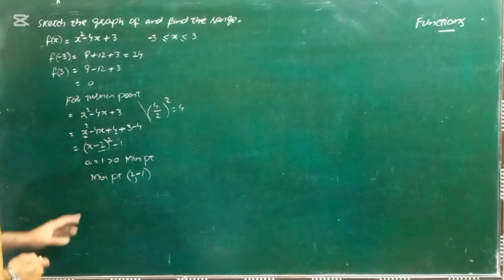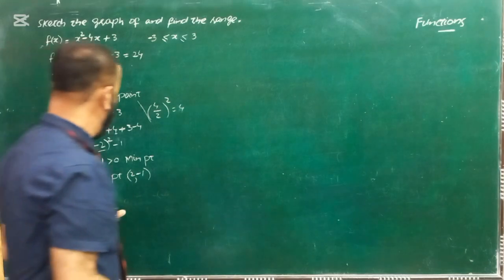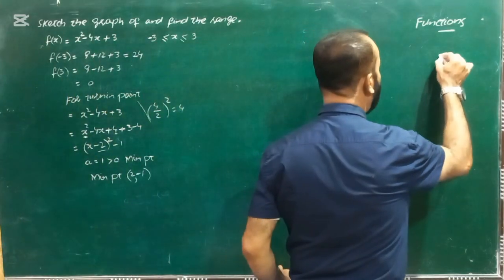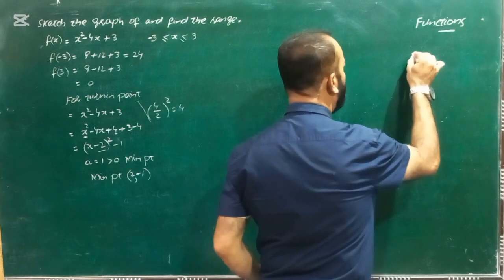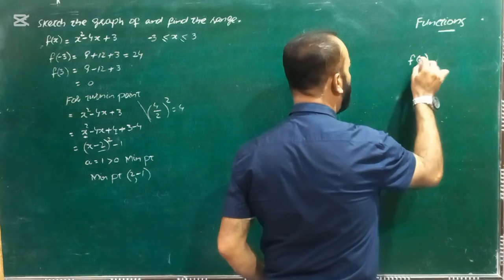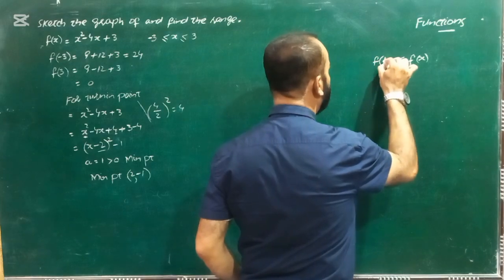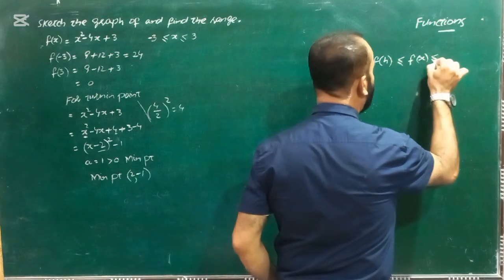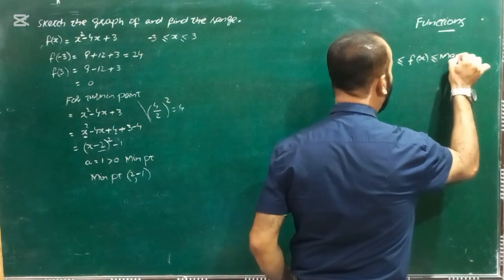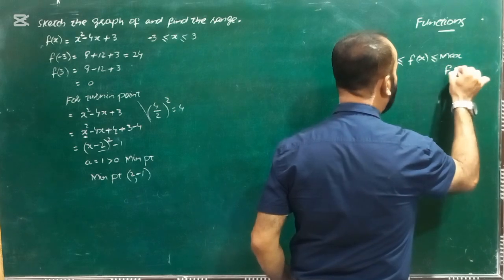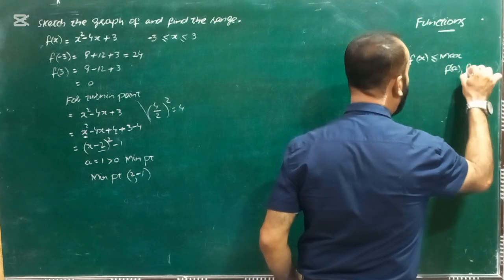So if the minimum point is there, then the range will be, look here, greater than or equal to f of h and lesser than or equal to the maximum of f of a or f of b.